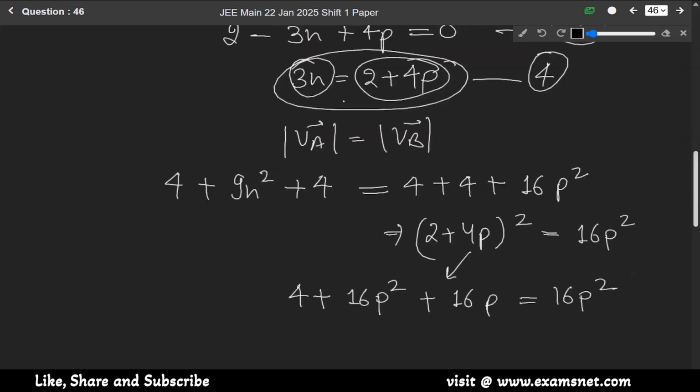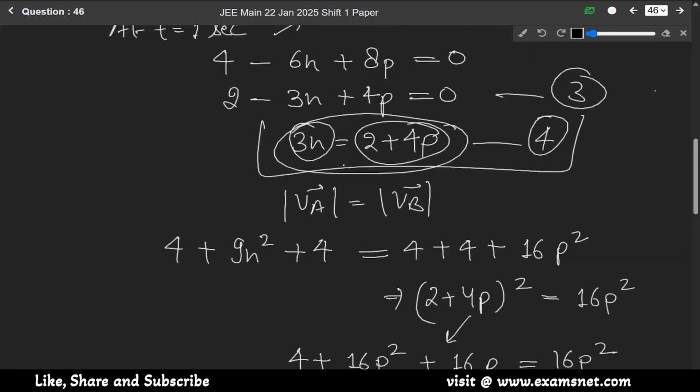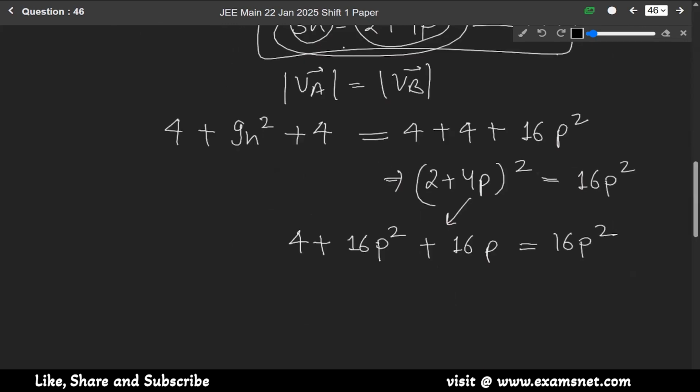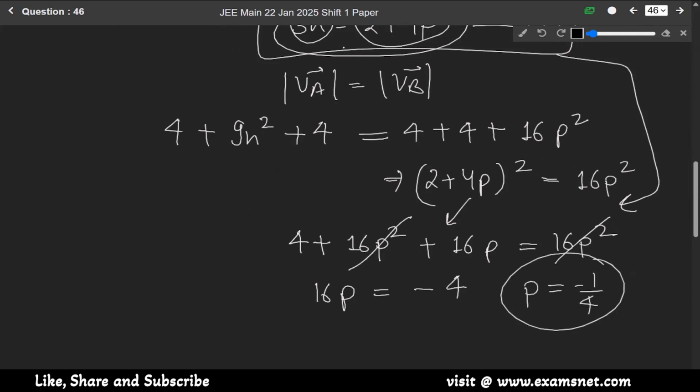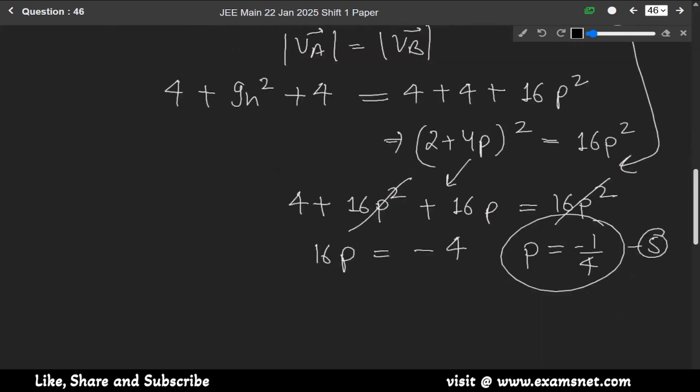Okay, from this equation number 4, we write 2 plus 4p whole square equal to 16p square. So it will be 4 plus 16p square plus 16p equals 16p square. Solving it, 16p square cancels out, so 16p is equal to minus 4. Therefore, p is equal to minus 1 by 4. Let us say this is equation number 5.